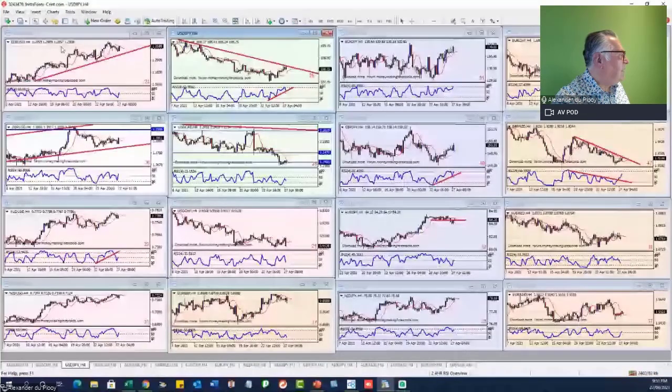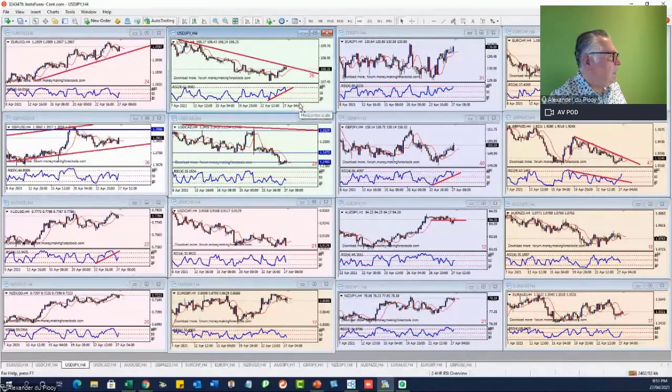All right, I can see a pattern happening here, and I'll just explain the pattern. The pattern is US dollar based. When the market is, the market can either be yen dominated or USD dominated.